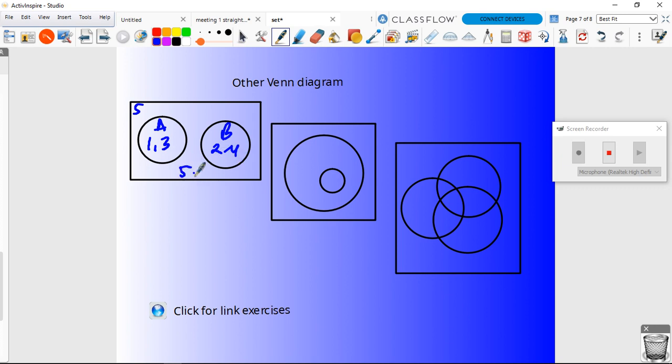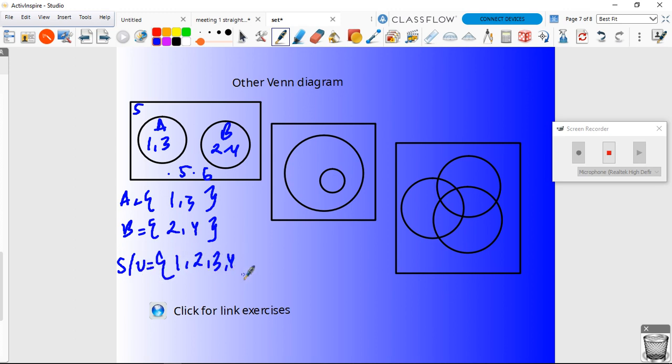Maybe here 5 and 6. So there is no relation between A and B. How about the universal set, 1, 2, 3, 4, 5, 6?